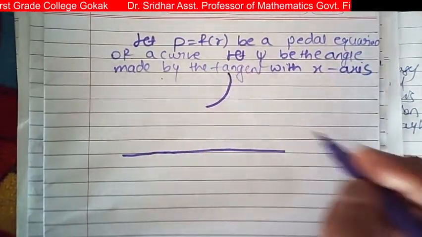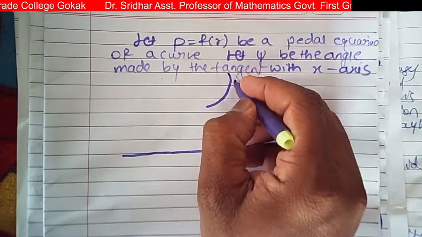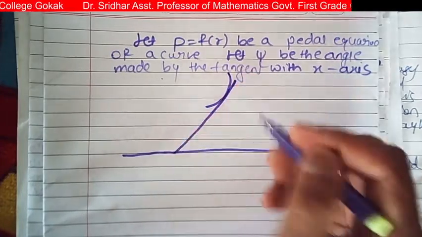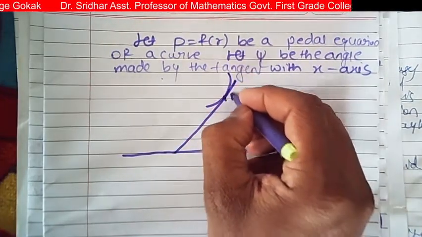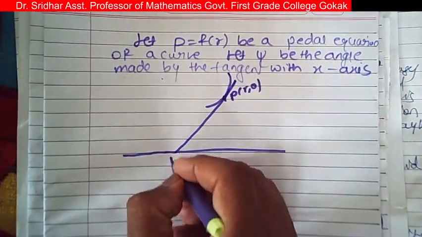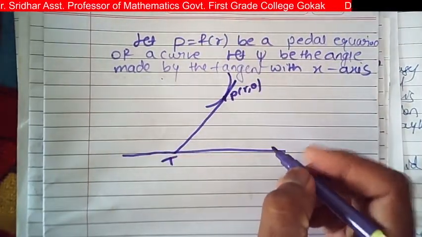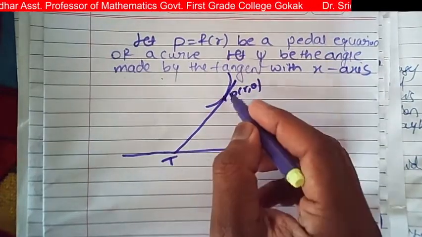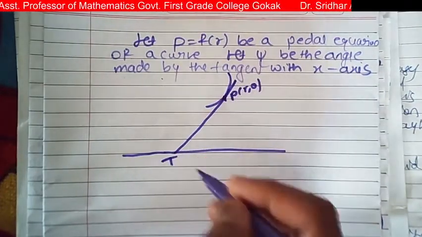This is a curve, and this is a tangent to this curve, and this is a point P (r, theta), and let T be where the tangent meets the x-axis.